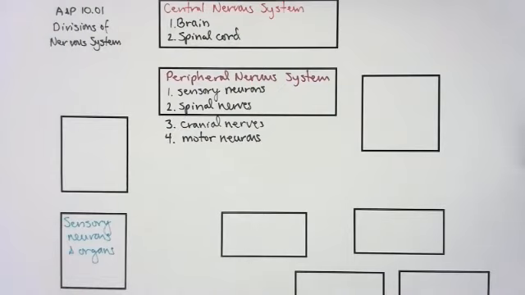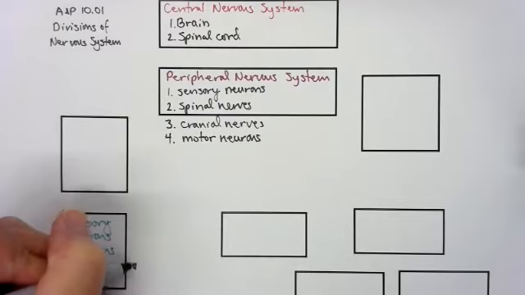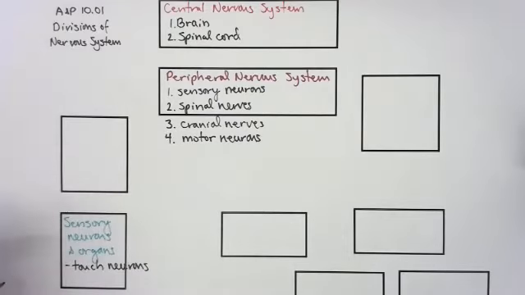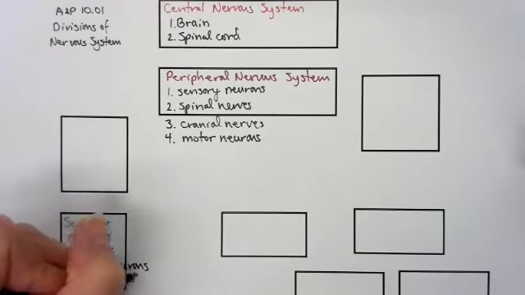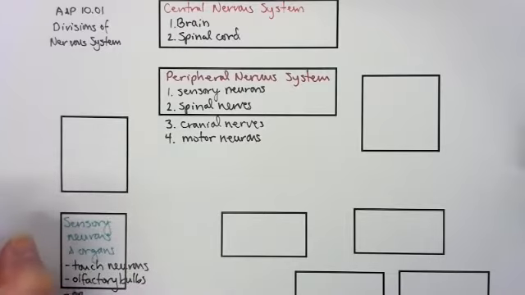So we have things here like touch receptors, touch neurons. And back when we did integumentary, you guys did a lab and you found out you had more sensory neurons in your fingertips than you do on your forehead. This is things like the olfactory bulbs that let us smell. The optic nerve.